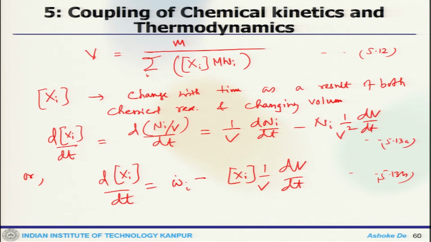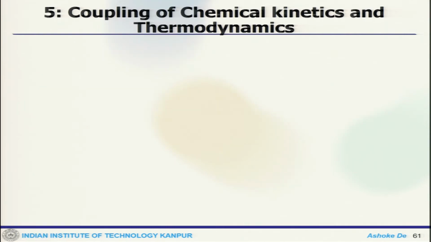Again we use the ideal gas law, which is nothing but PV equals the summation over I of N I R U T. Now, here P is constant.